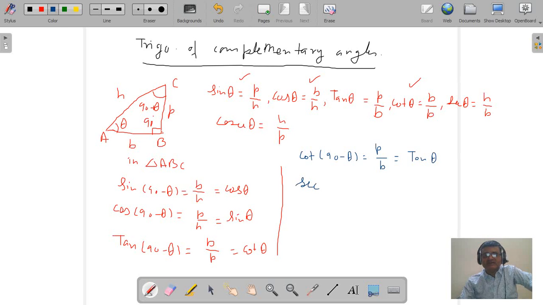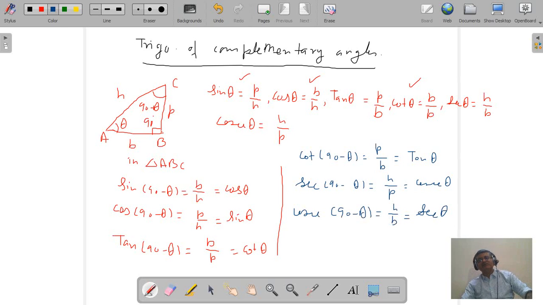Similarly, sec 90 minus theta is hypotenuse upon P, which is equal to cosec theta. And cosec 90 minus theta comes out to be hypotenuse upon base, which is equal to sec theta.